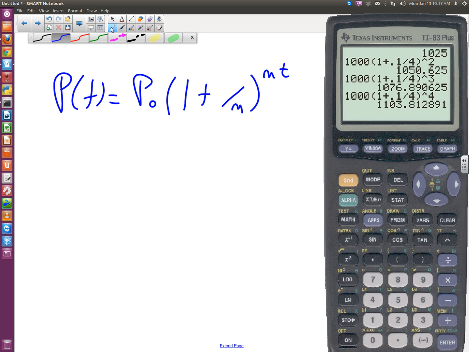That's R, okay? And the N is the number of compoundings per year. P sub 0, initial principal, at T equals 0, right? Before you start.